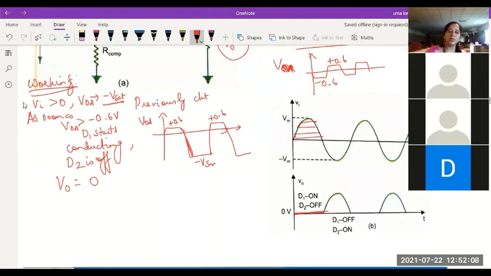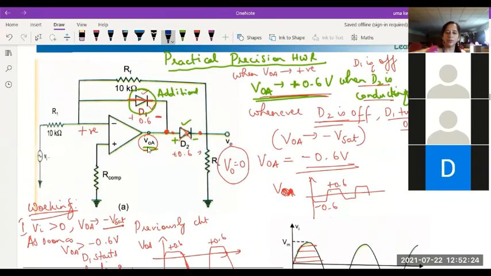Next. So this is case 1. What happens in case 2? When Vi is becoming negative. So what happens when Vi becomes negative? Whenever the input voltage becomes less than 0 in this circuit, so I have a negative voltage here. I should get an output which moves towards positive value because of inverting.